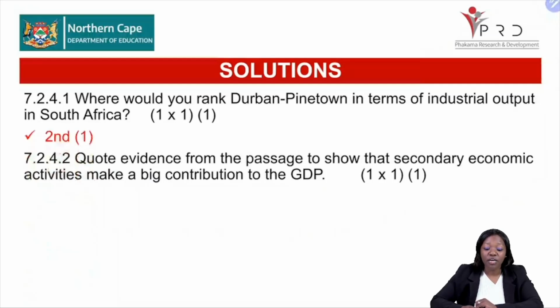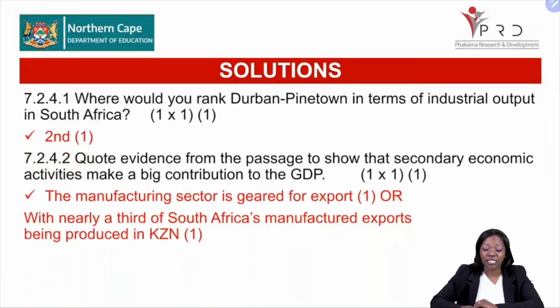Then secondly, you are supposed to quote evidence from the passage to show that secondary economic activities make a big contribution to the GDP. The manufacturing sector is geared for exports, or one can say with nearly a third of South Africa's manufactured exports being produced in KZN.